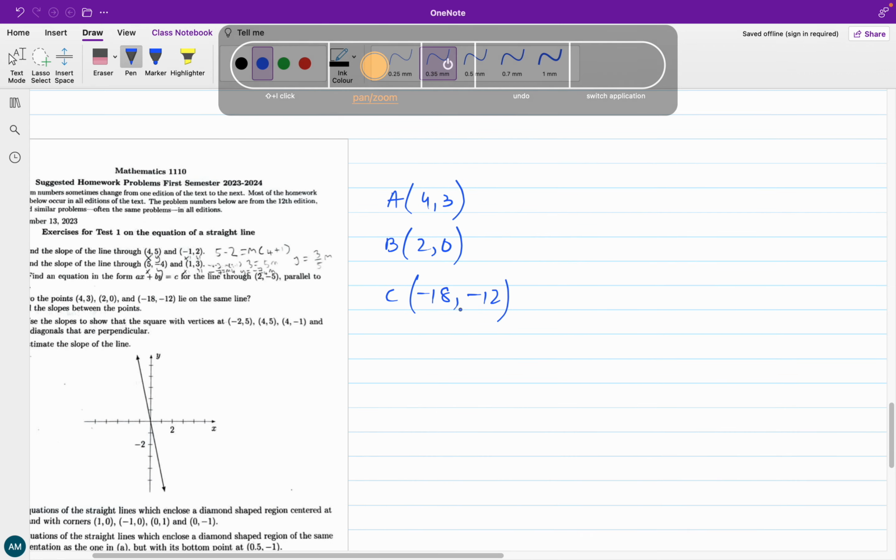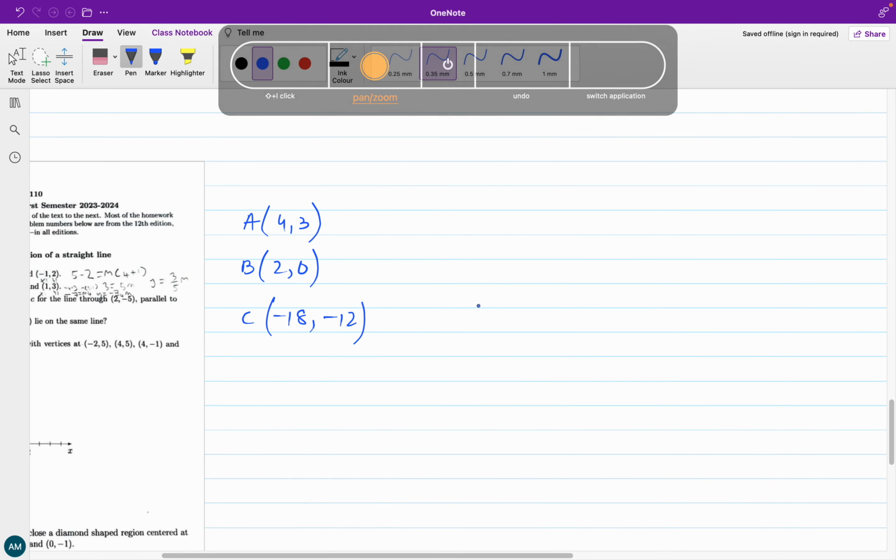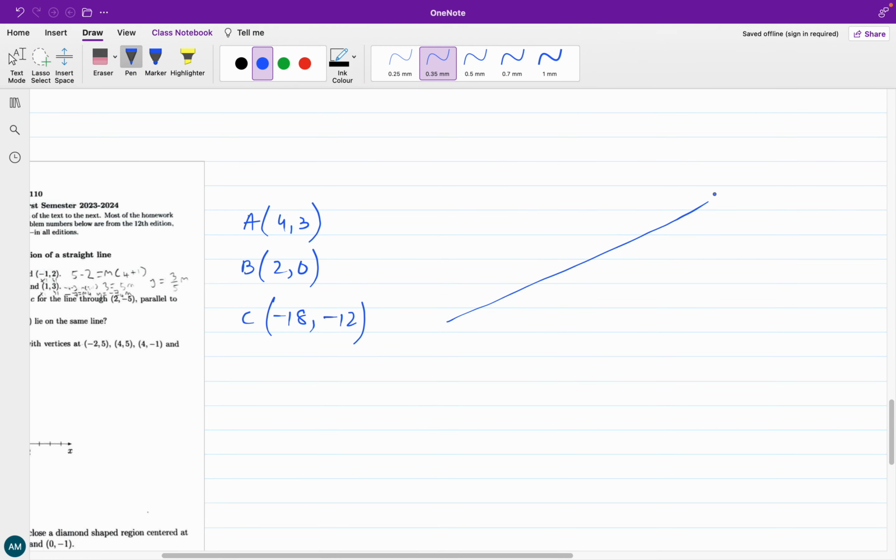If these three points lie on the same line, then their slope has to be the same. For example, point A, point B, and point C, if all three of them are on a straight line, then they must have a constant slope. The slope between A and B should be equal to the slope between B and C, and this is what we are going to find out.